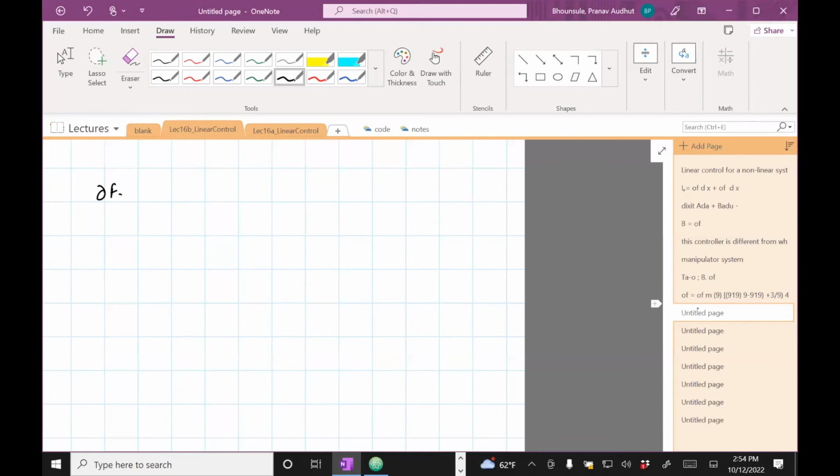dF2 dQ is M inverse of Q times minus dG dQ. And then the term involving B looks something like this.